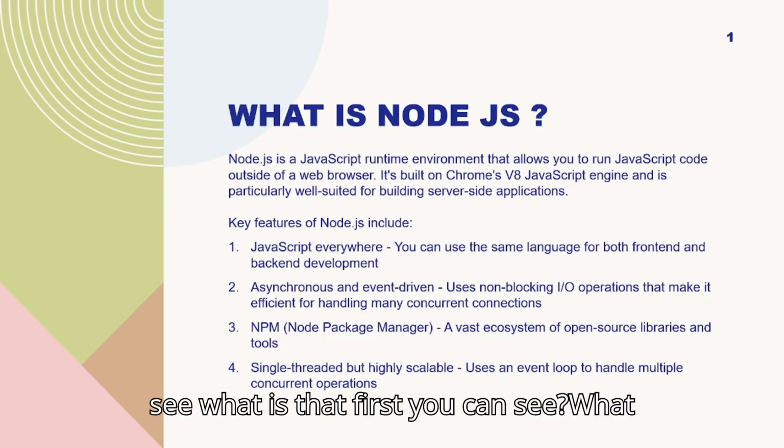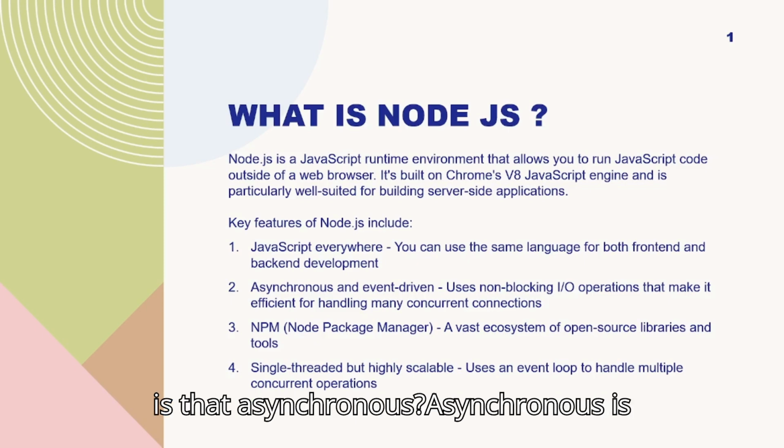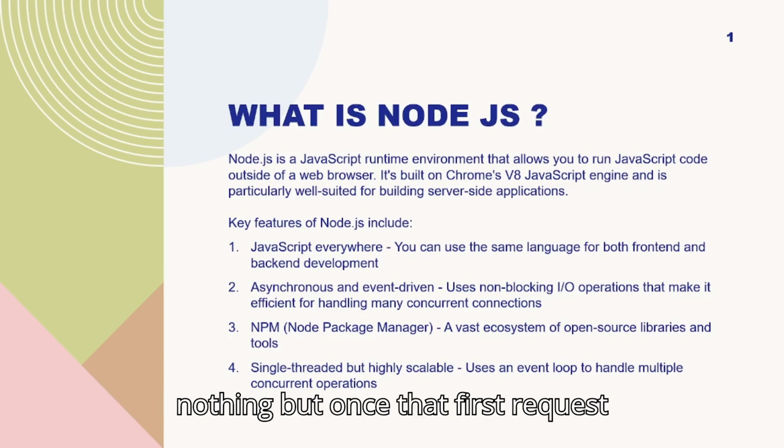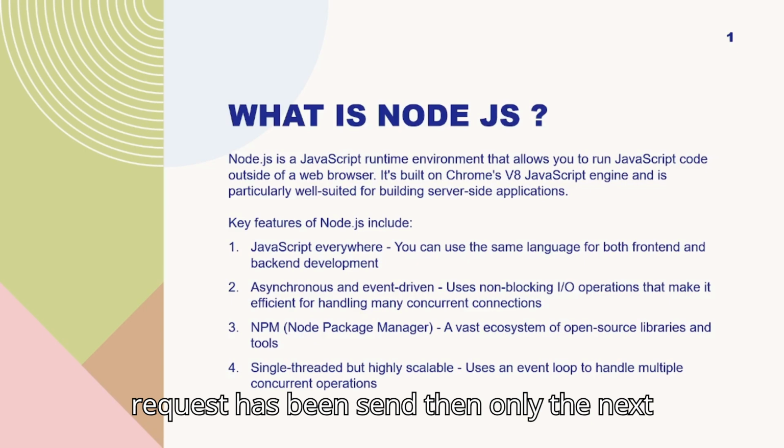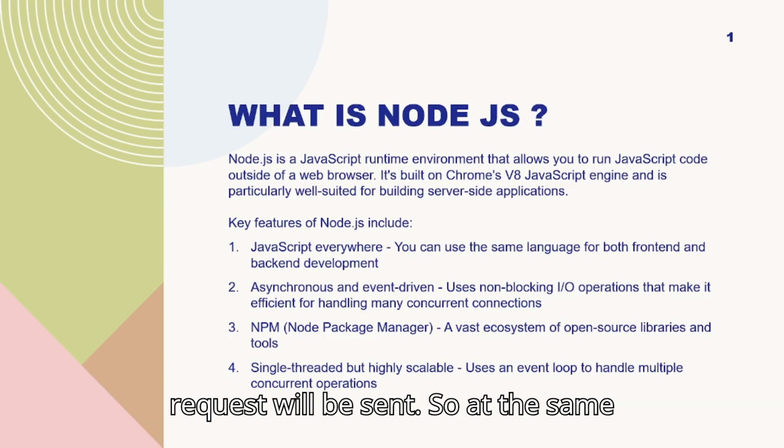First, what is asynchronous? Asynchronous is nothing but once the first request has been sent, then the next request will be called. If 50 users have submitted our data, the first user request is sent, then only the next request will be sent.